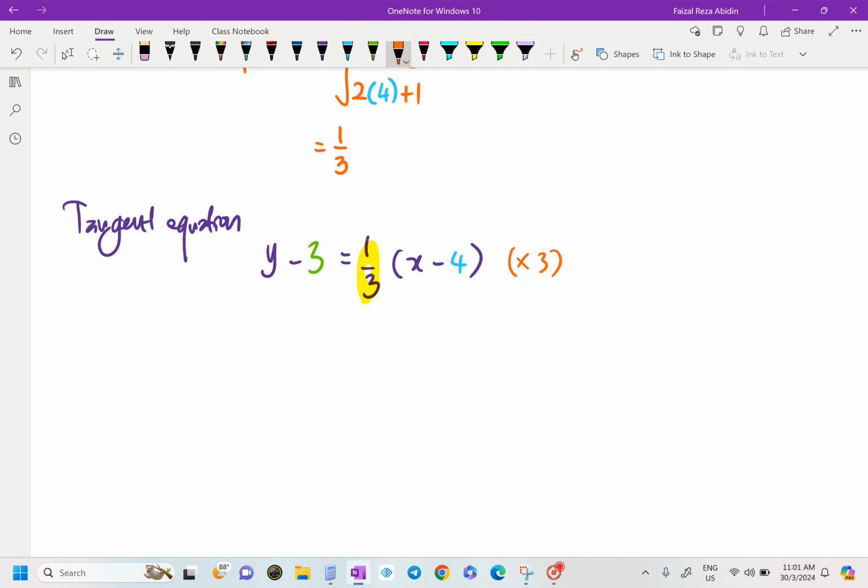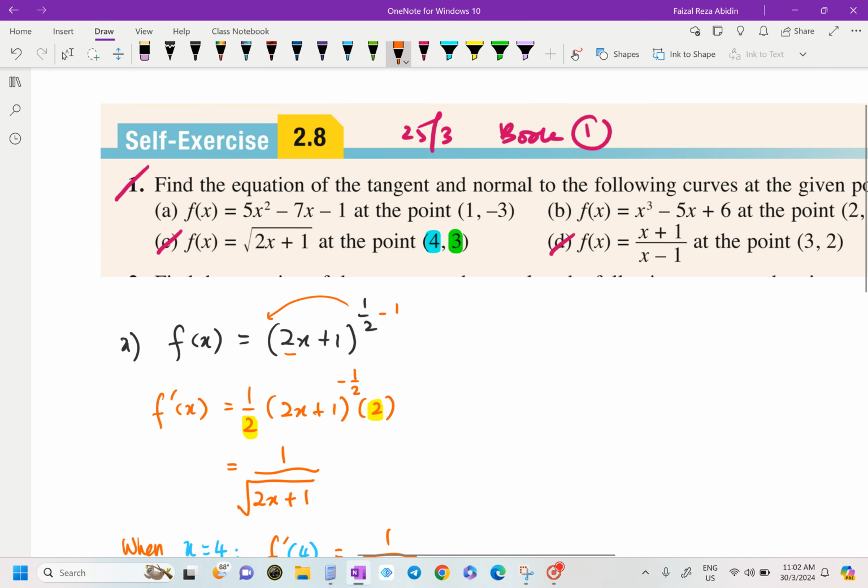So what I'm going to get is 3y minus 9 equals x minus 4 only, right? So you are going to get 3y minus x, and the negative 9 brought to the other side is going to be 5, because 9 minus 4 is 5. That's going to be my equation of tangent.